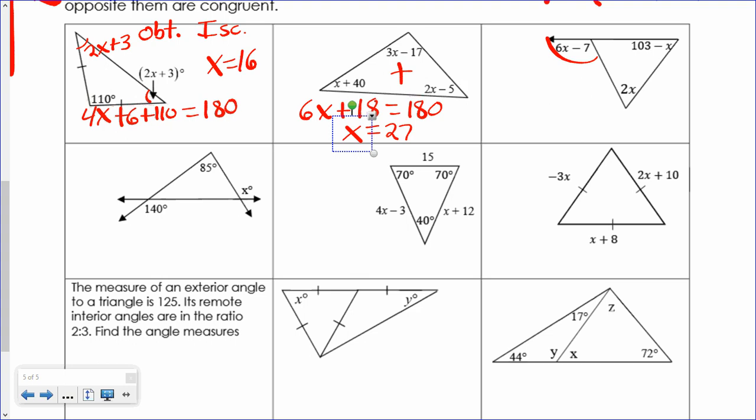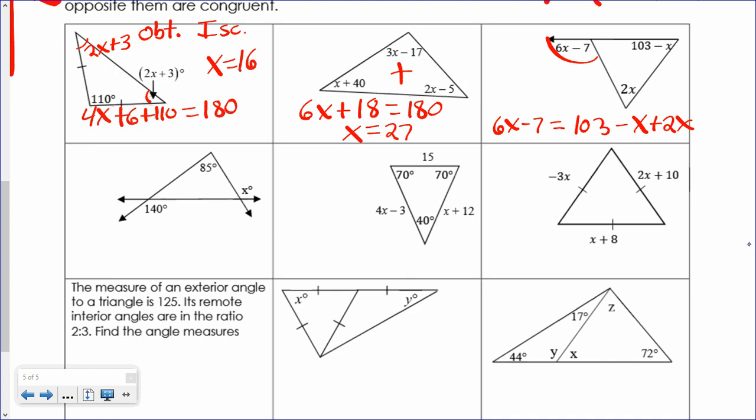This angle should be equal to the two remote or opposite angles added together. 6x minus 7 equals 103 minus x plus 2x. That's the exterior angle theorem.